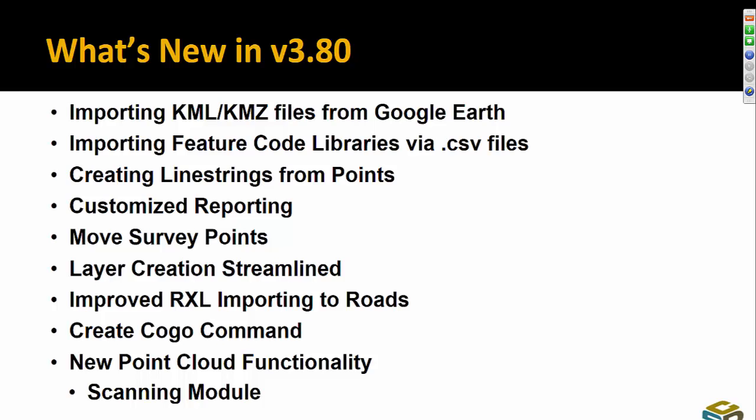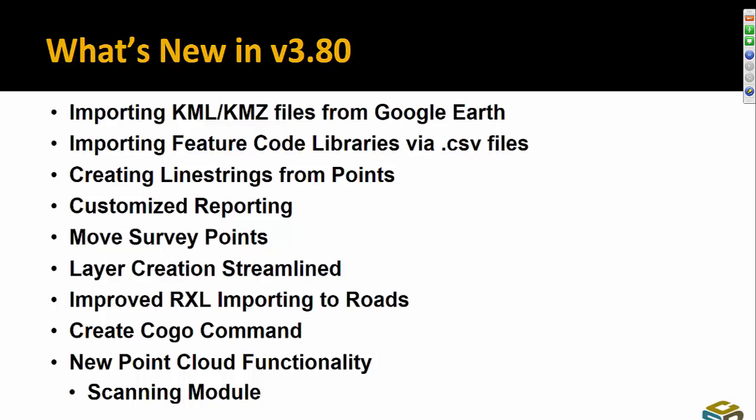Importing feature code libraries via CSV files. This is another big one. For those of you that have converted over feature code libraries from CAD or from a legacy feature code library, the limitation in the past has been creating those libraries very effectively.